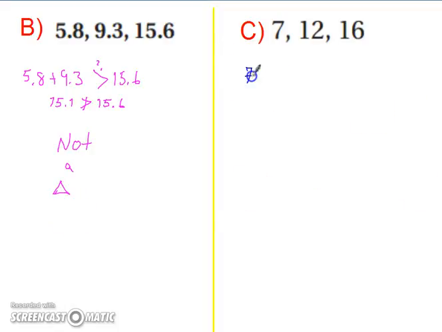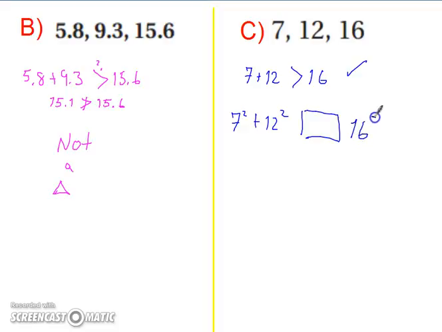So we have 7 plus 12, and yes, that is in fact greater than 16. So we have 7 squared plus 12 squared. We are not sure whether it's going to be greater than, less than, or equal to 16 squared. So we now have 49 plus 144, which gives us 193.